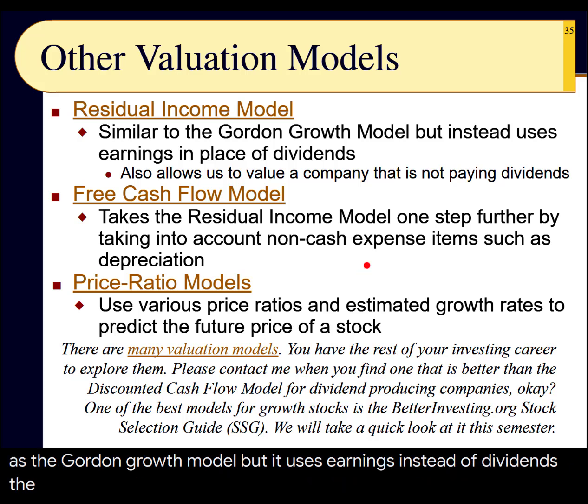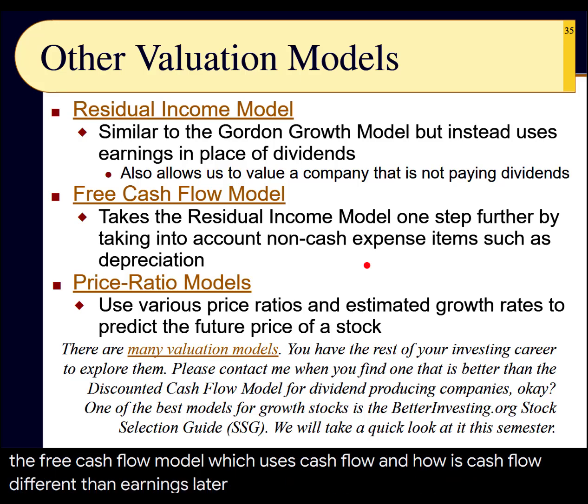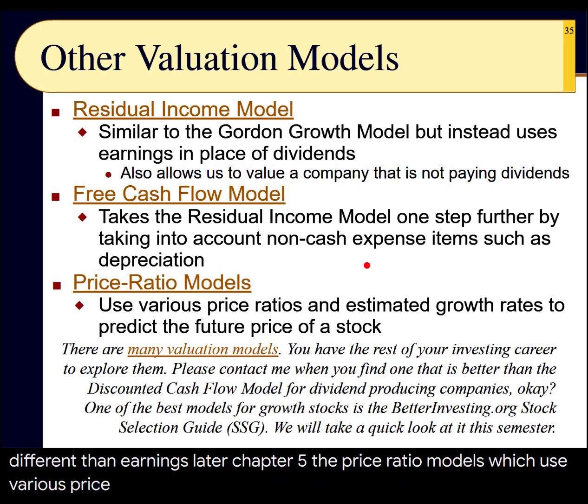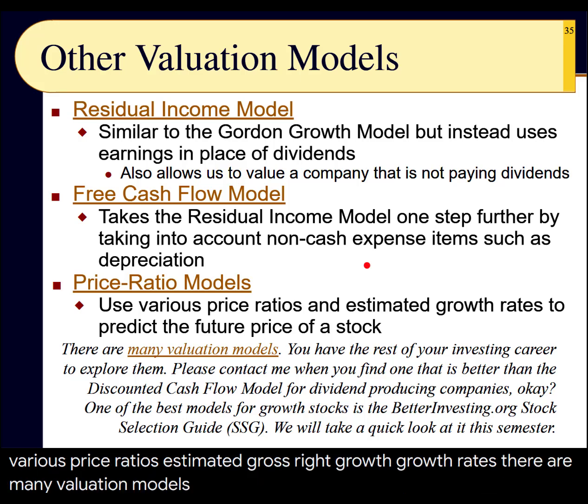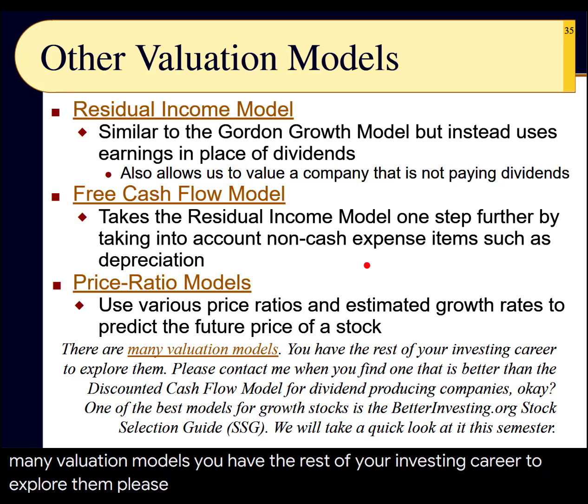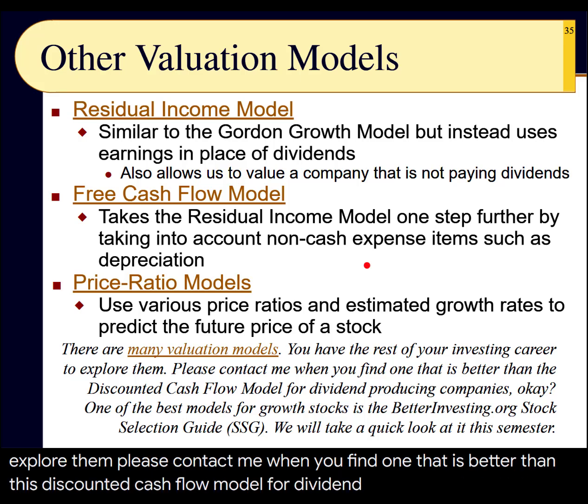The free cash flow model, which uses cash flow, and how is cash flow different than earnings, later, chapter 5. The price ratio models, which use various price ratios and estimated growth rates. There are many valuation models. You have the rest of your investing career to explore them. Please contact me when you find one that is better than the discounted cash flow model for dividend producing companies.